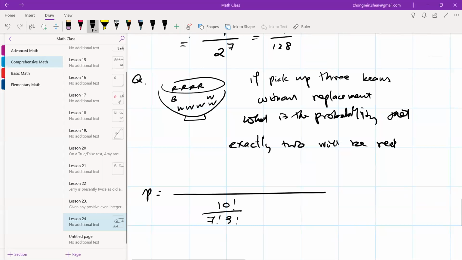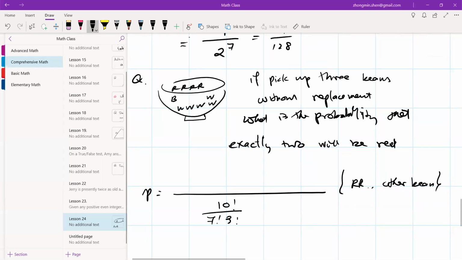Now, if you don't count the order, what do you mean? You can put the red beans on this side and the other beans in this form. Always regroup them.